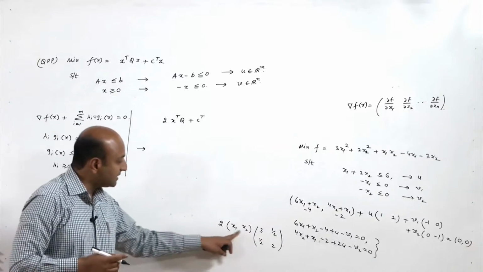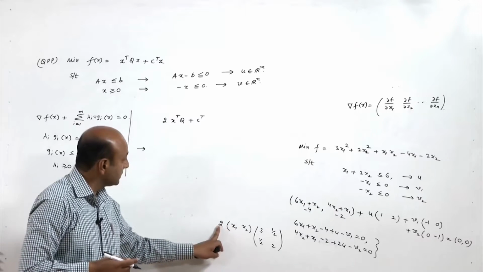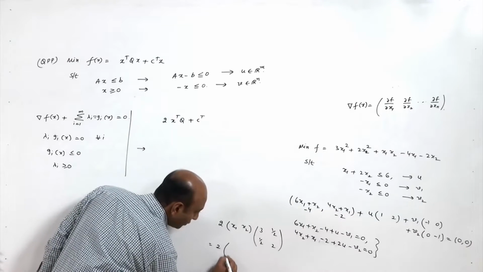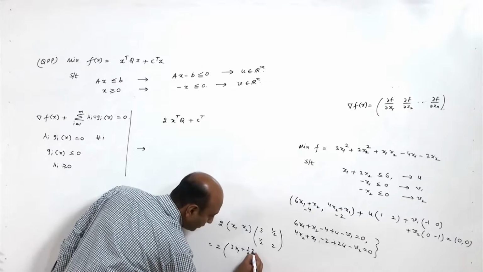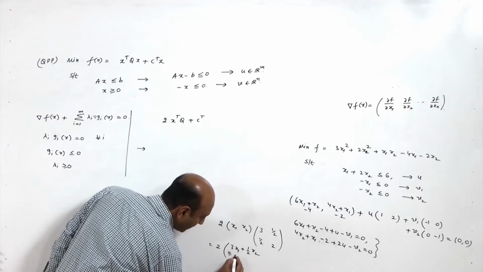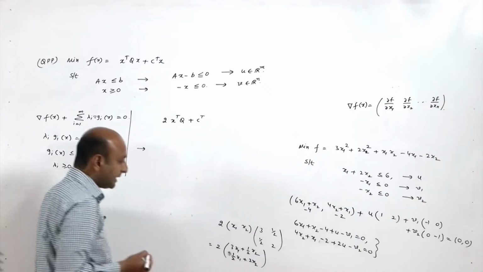Now when you multiply, it is 2 into 3x1 plus 1/2 x2, and then 1/2 x1 plus 2x2, multiplied by 2.